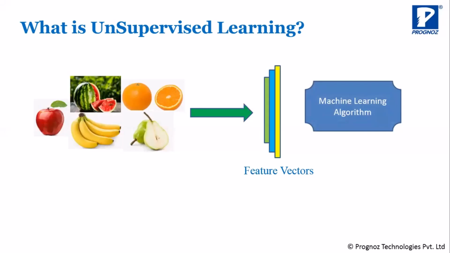What this model is going to do, it doesn't know what this fruit is, but it will try to categorize them. It will identify all the fruits which have common characteristics as watermelon and it will put them in one cluster and it will internally put some label to that cluster. Similarly, it will identify all the fruits which have similar characteristics like that of orange. It will create another cluster and put them as orange. That is what unsupervised learning will do.